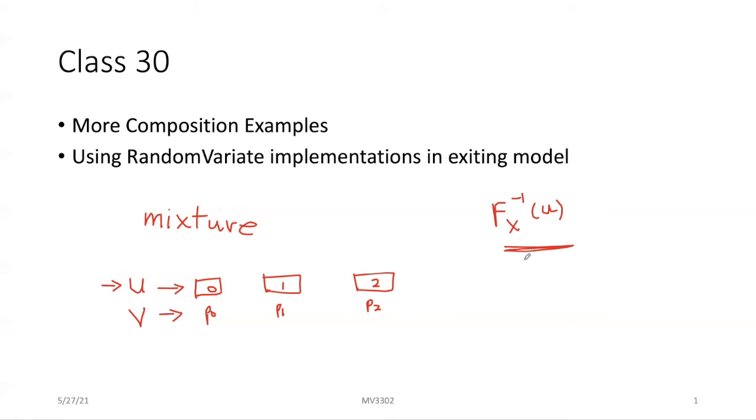There's always a theoretical inverse. That is, this always exists. But for some distributions, you can't actually write it down. If you can't write it down, then you can't really apply the inverse transform method. Examples include the gamma distribution. The normal distribution, unfortunately, cannot be inverted that way. And so different methods are typically needed for that.